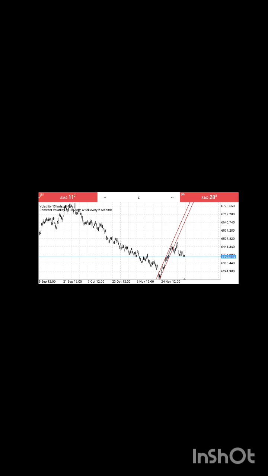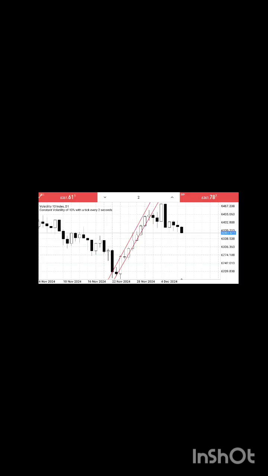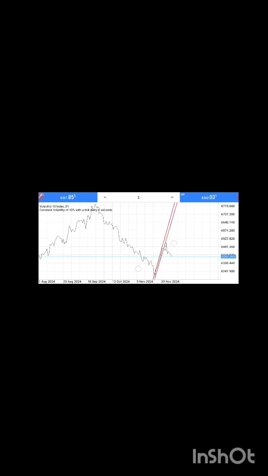Again, you really need to do top-down analysis, even though you are getting your entry signals at lower time frames from H1 downwards. You need to study the candlestick characteristics at different higher time frames, and you also need to learn the line chart characteristics so that you know what the market is doing.